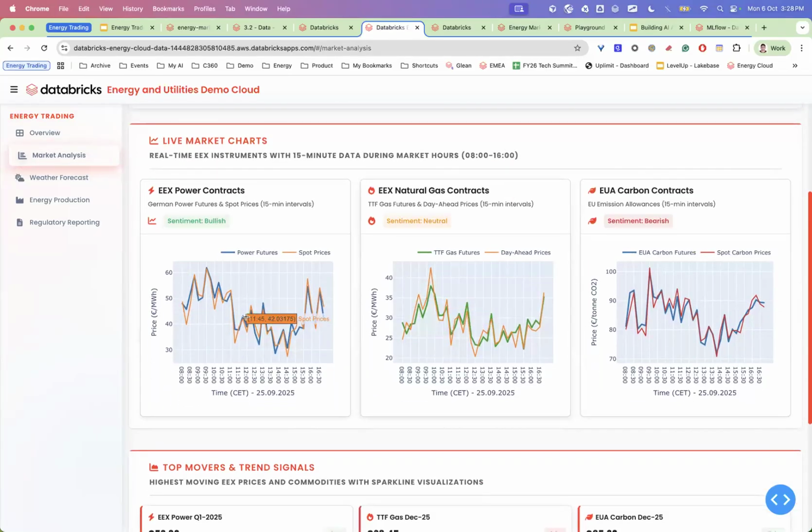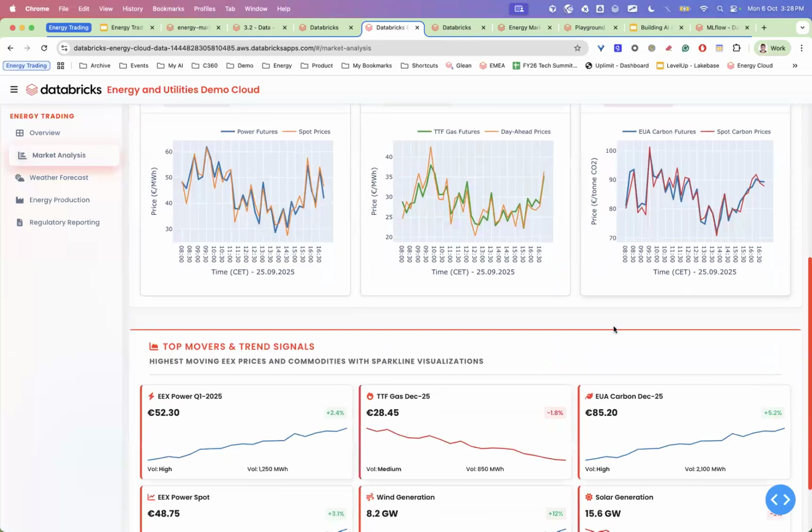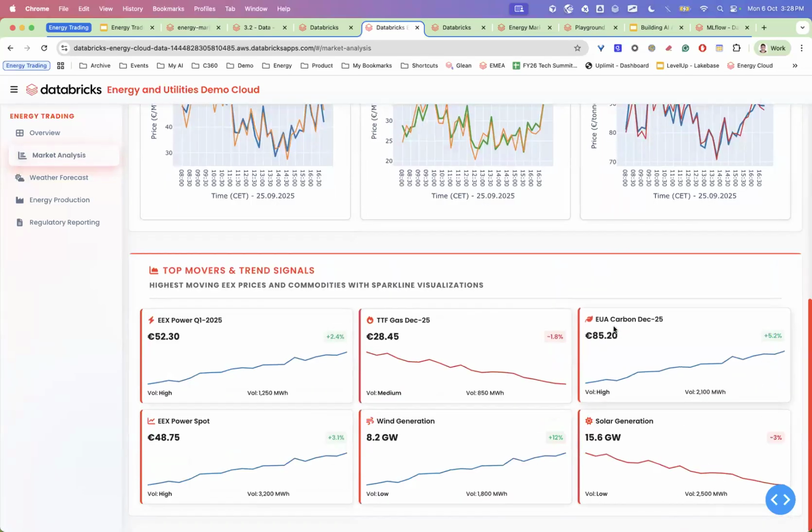It shows you all the graphs and charts, basically how the news and other factors are impacting the price of commodities and electricity in general. And then also the top movers and trends, so basically the highly volatile commodities. In the case of gas, you would see its price going down rapidly. So this is a good way to have a single unified pane of data sources for you to make insights.